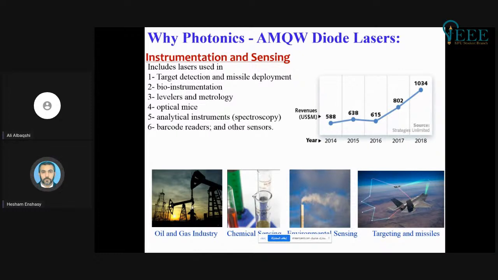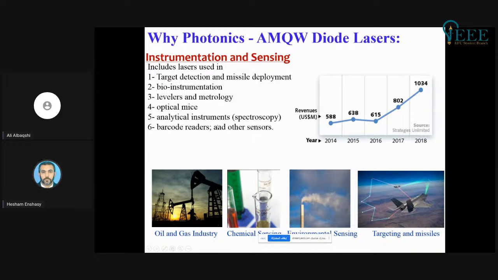Technology evolved around that, so there is a big share and a big market for the oil and gas industry. And if you need to work in this field, you need instrumentation and you need sensing. So lasers and optical communication are used here for target detection, missile deployment, for sensing, bioinstrumentation for bio and chemical sensing, and for the oil and gas industry, metrology, for a lot of sensing.